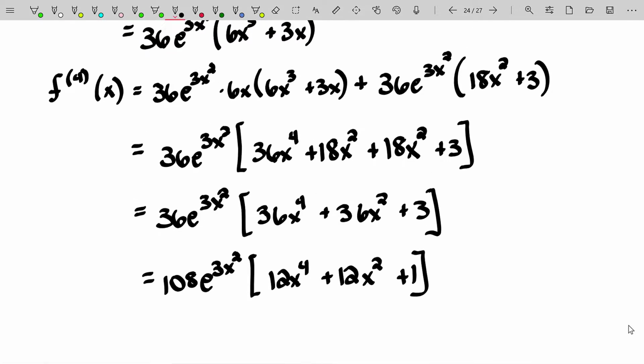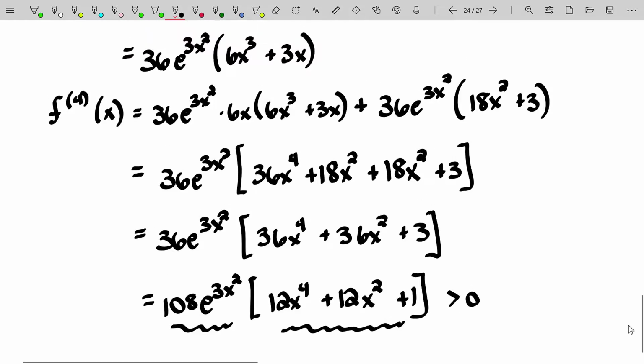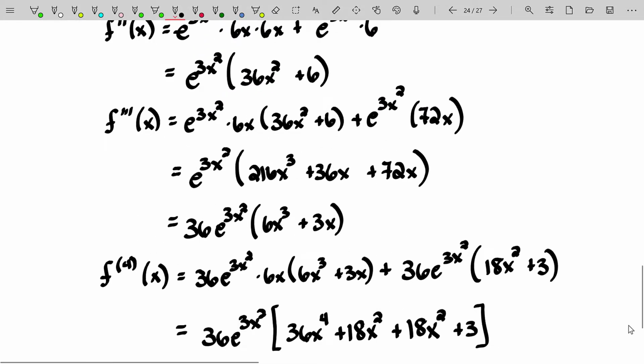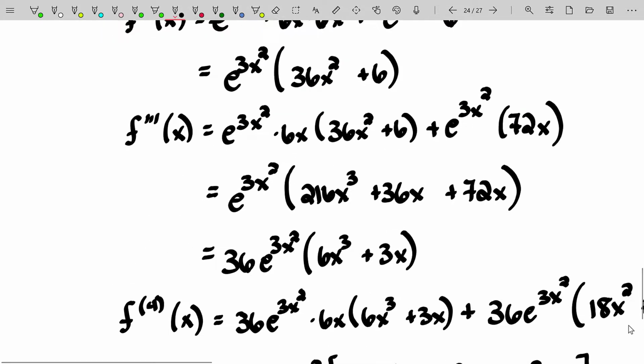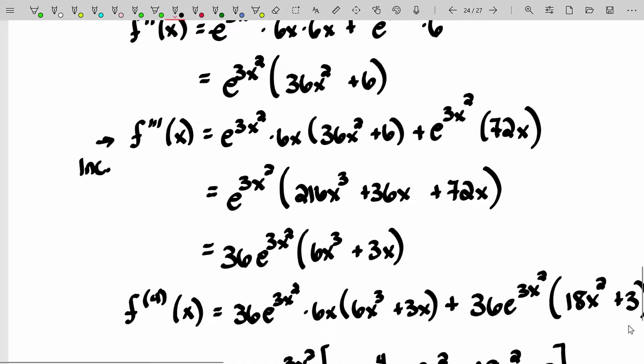An exponential function is never negative, so that takes care of that first factor. And the second factor is also going to be non-negative. Actually, it's not even going to be zero. It's going to be positive at all times. And so therefore, because this next derivative is greater than zero, we know the previous function is increasing because its derivative is positive.